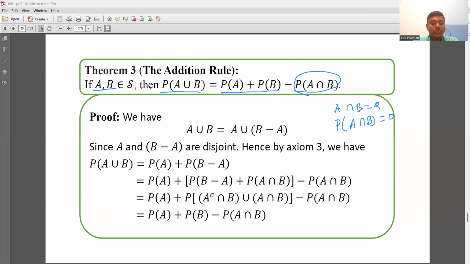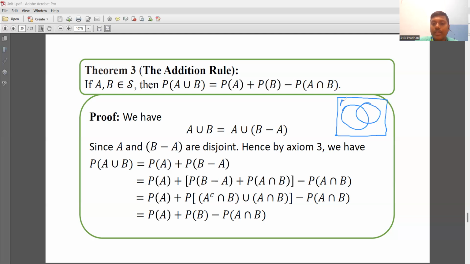So let us try to prove this addition rule for two events. To prove it, let us try to understand this first by using the Venn diagram. What does this theorem say? Suppose I have two events A and B here.